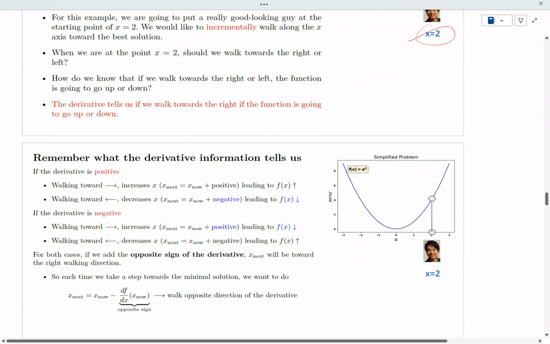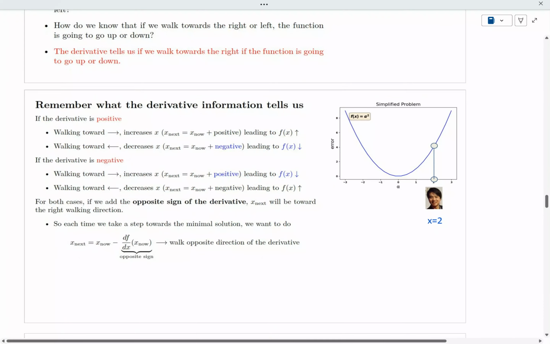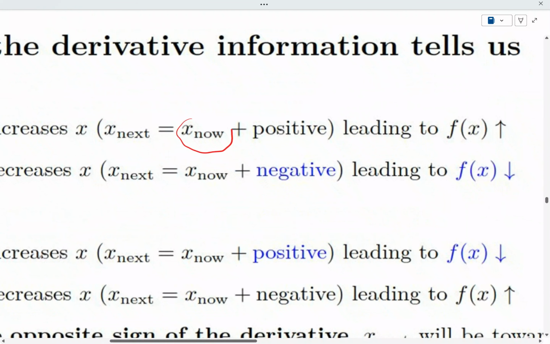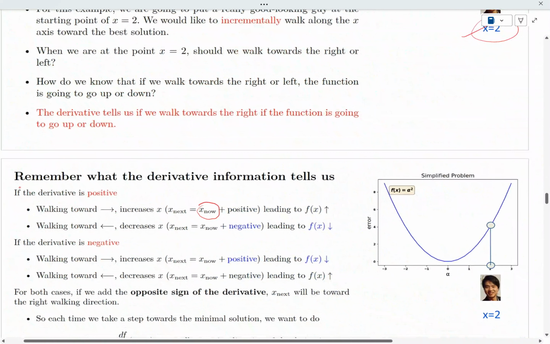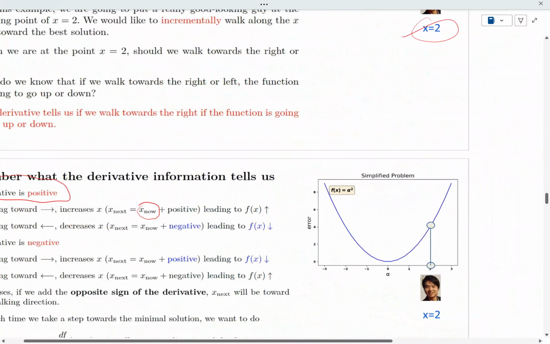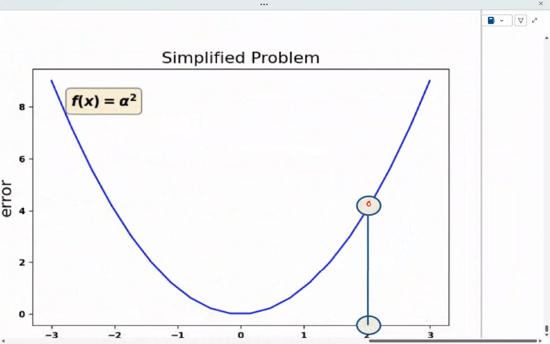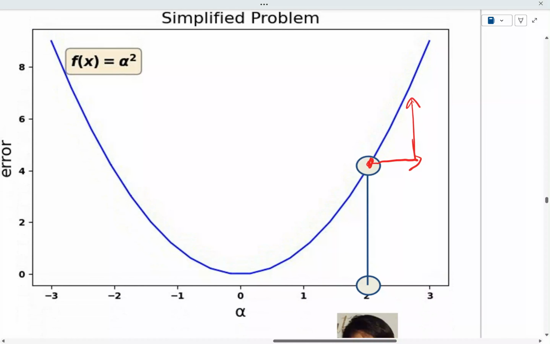So let's say that we have our current location, x now. If we're trying to minimize and the derivative is positive at this current location, that means if you increase x, you're going to increase the output of the function, but we're trying to minimize.